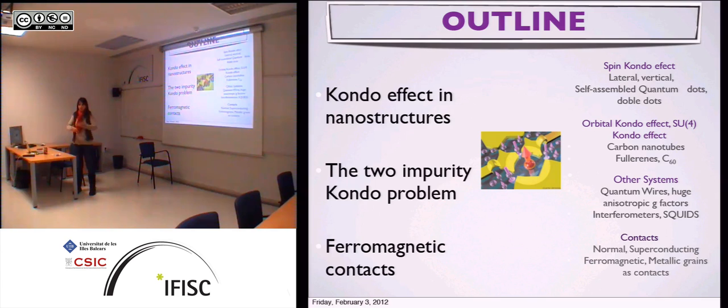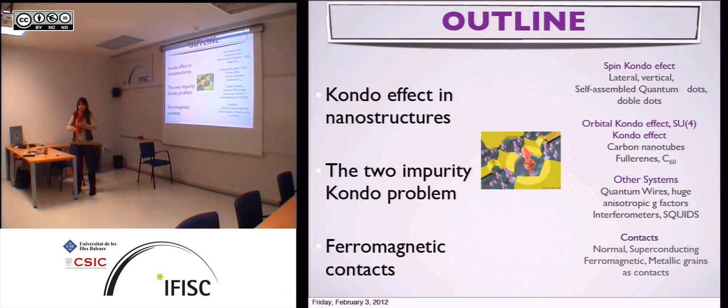These two types of processes are actually these two terms here. So this just has the information about processes that flip the impurity spin through an empty state, and these are processes that flip the impurity spin through a doubly occupied state. But at the end, what matters is that you have some type of magnetic interaction that is antiferromagnetic.